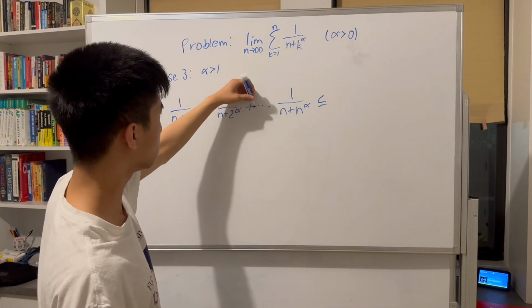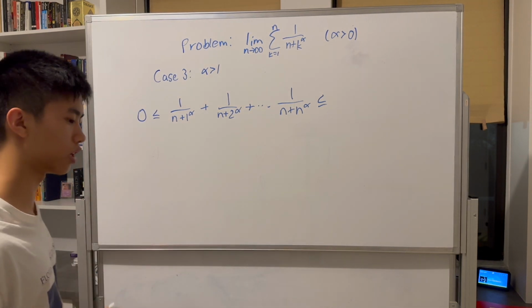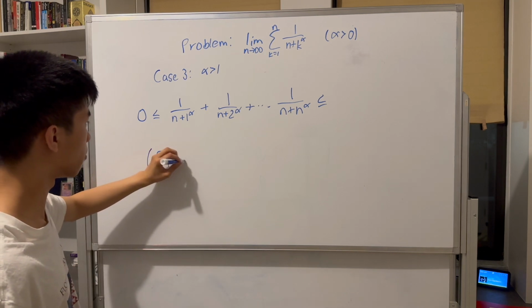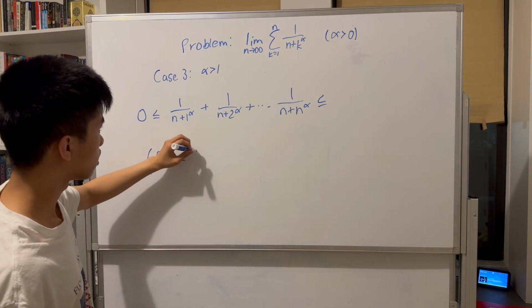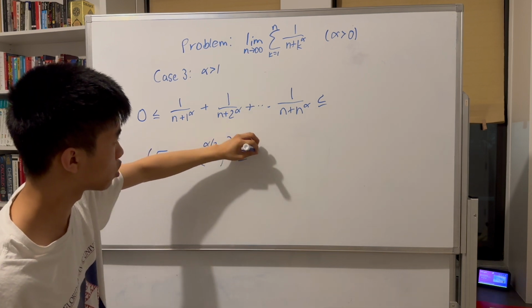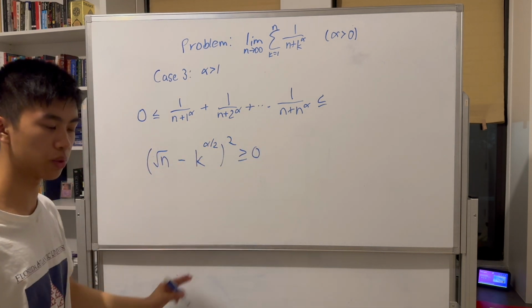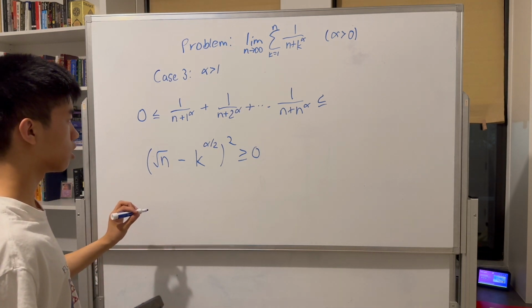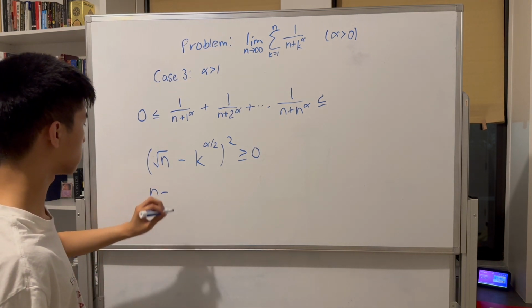Well, let me just start with a seemingly unrelated fact. So it's known that the square root of n minus k to the alpha over 2 power, squared, is always greater than or equal to 0, because any real number squared must always be positive. Okay, fine. So then let's expand it out.